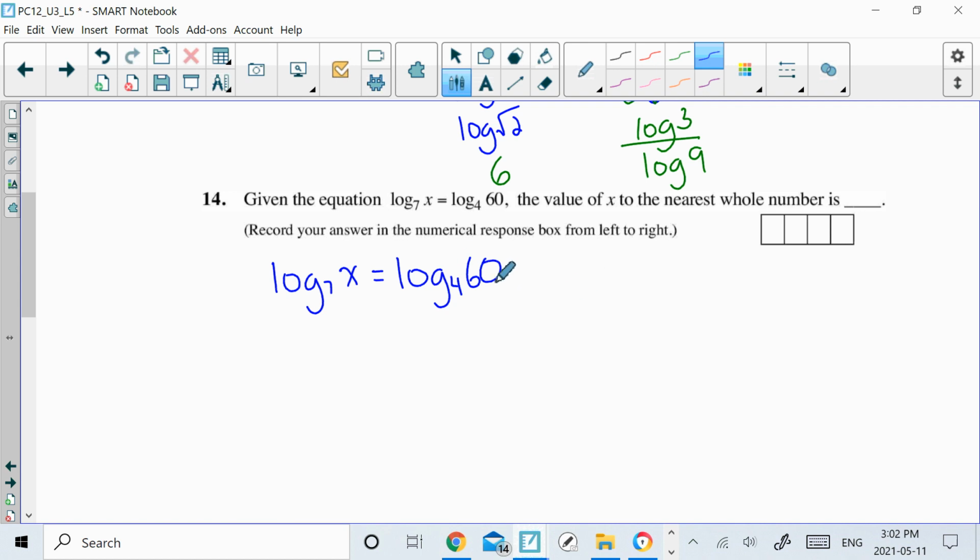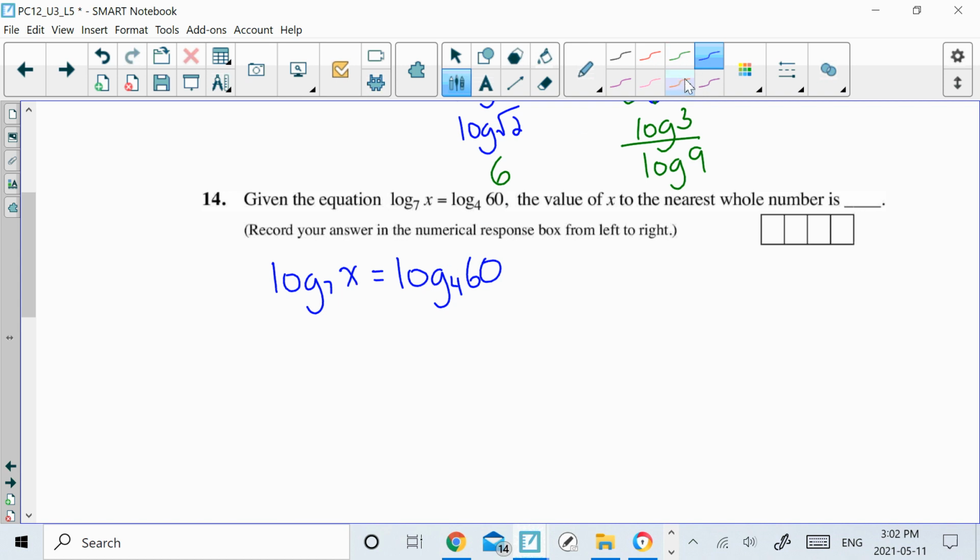So what your book does is for each of these logs, it does change of base. So this, it would say log of x divided by log of 7, log of 60 divided by log of 4, and then it's going to manipulate to get the log of x by itself, takes it out of log form into exponential. It's a lot of work.